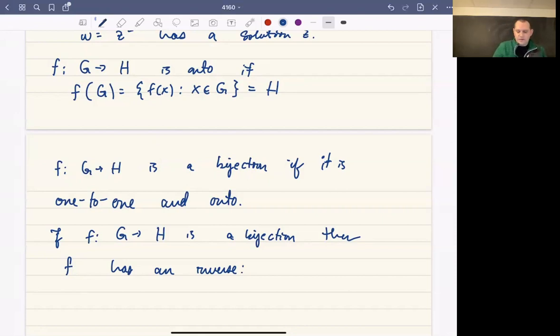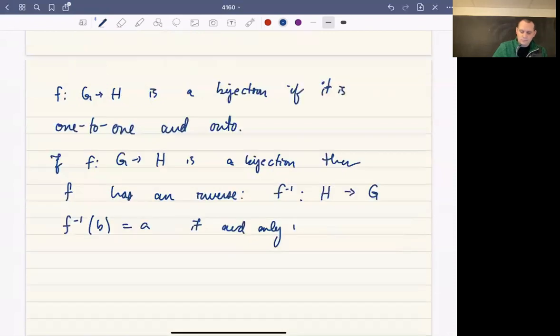Let me say it this way: f inverse of b equals a if and only if f of a equals b. Okay, and so it turns out that this is exactly the right conditions that you need in order for you to have a function that's an inverse. So just a little bit of background on when inverses exist.